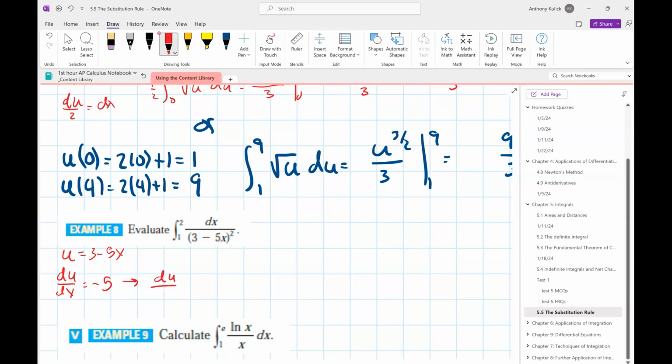So du over negative 5 should equal dx. Let's update our bounds. So u of 1 is going to be 3 minus 5 times 1, or negative 2. And then u of 2 is 3 minus 5 times 2, which is negative 7.